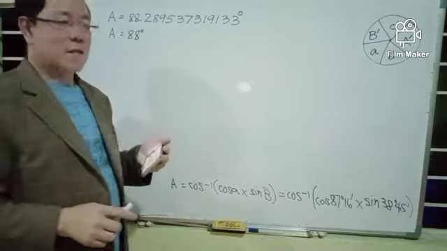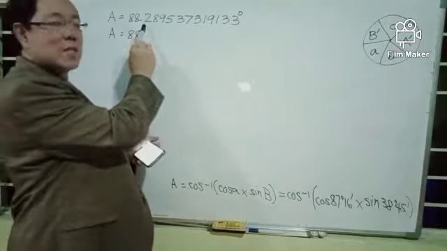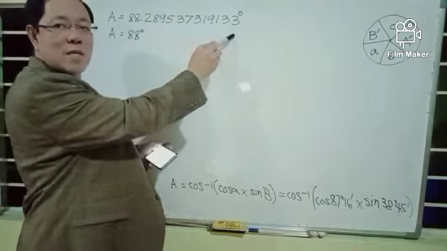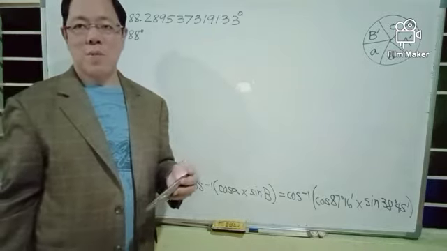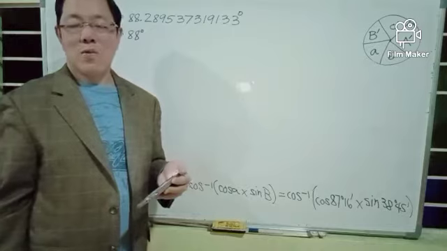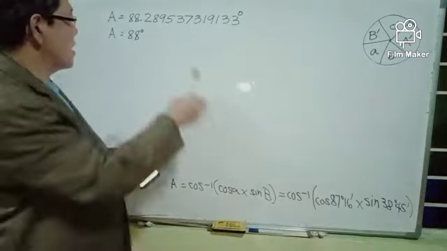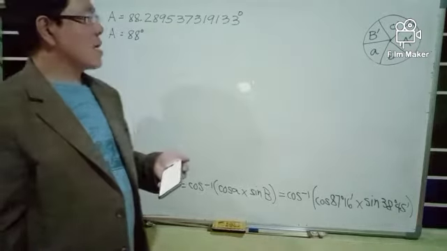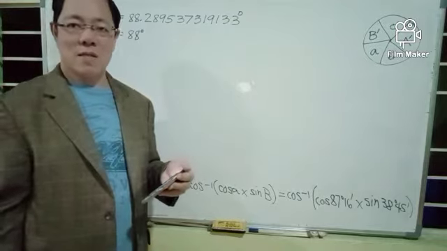Now, why multiply by 60? Because this decimal number 0.289537319133 is in degrees, and we want to convert that to minutes. And we know that 1 degree equals 60 minutes. Hence, we multiply this decimal number by 60.